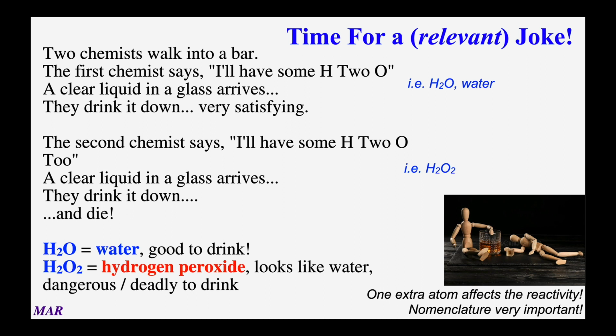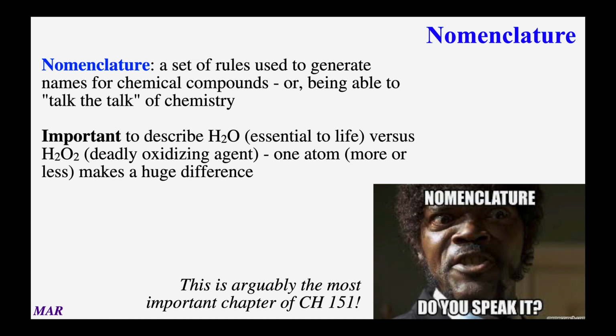So the silliness of this joke aside, it does show the importance of what we're talking about, because H2O and H2O2 are very similar. One has 3 atoms, one has 4. One additional oxygen atom makes a big difference. You wouldn't want to drink hydrogen peroxide, but you certainly do want to drink water every day. Nomenclature is just a set of rules that chemists have decided upon, and it's a way to describe compounds, so it's a way to quickly say which compound you want.